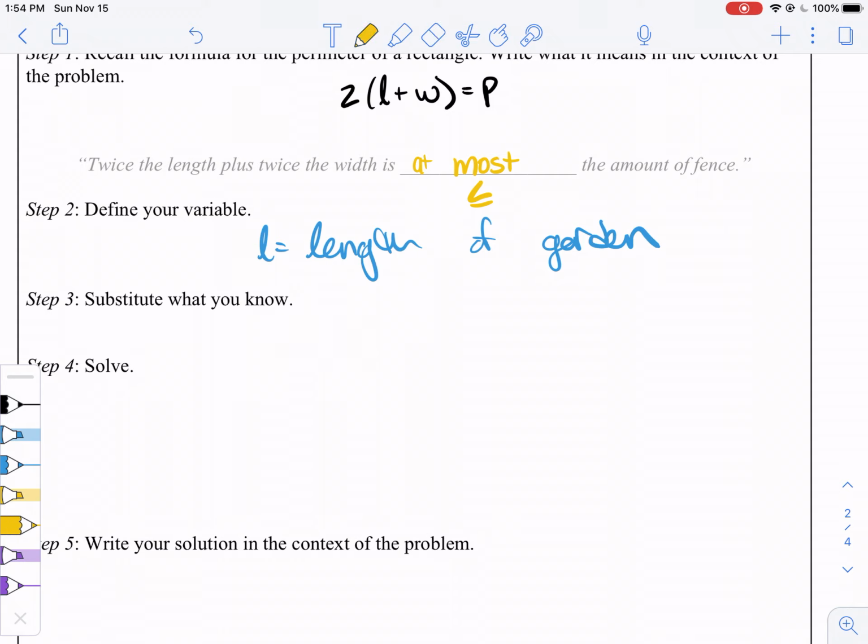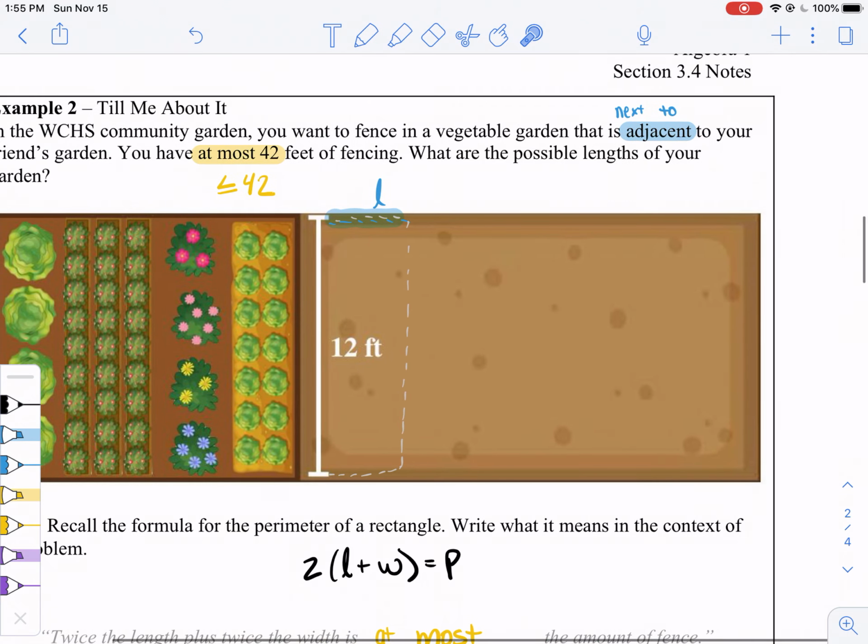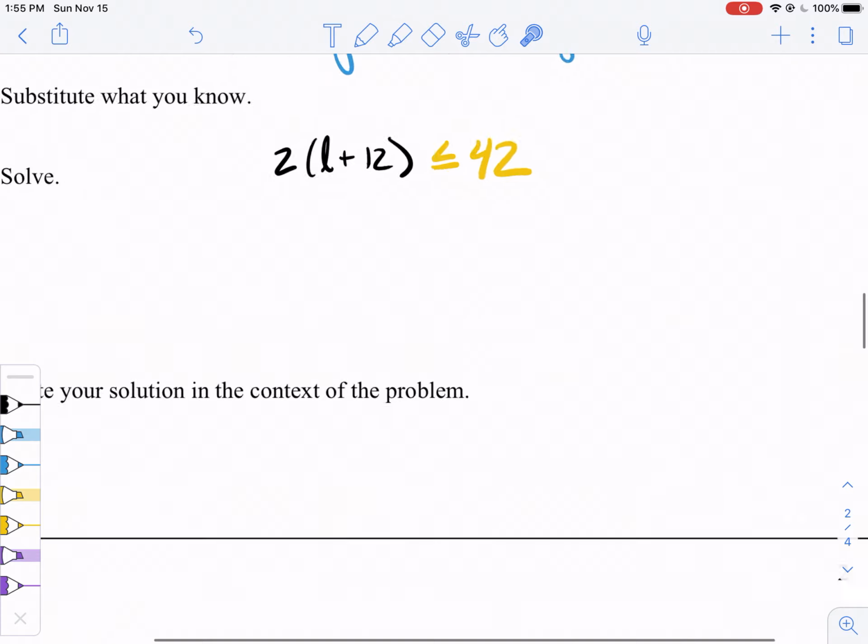And that means that our perimeter is here, and however much fencing we use is going to be less than or equal to 42. And what else do we know about our garden? We know that the width of the garden is 12, because that's how wide the garden is. Look up here, it's 12 feet wide. Okay.